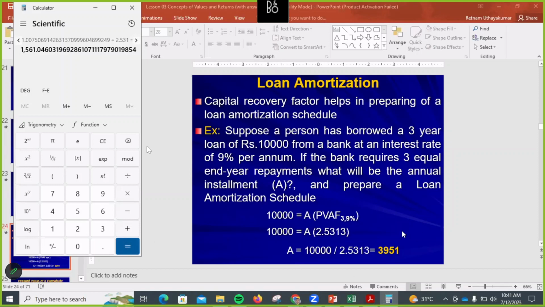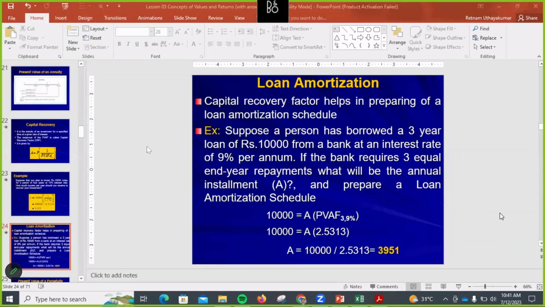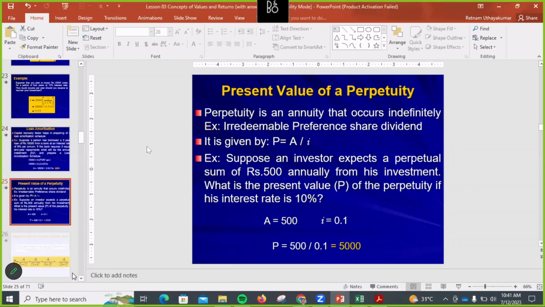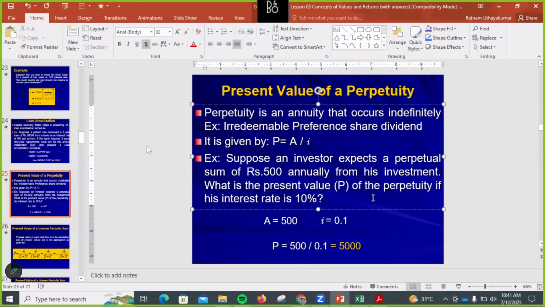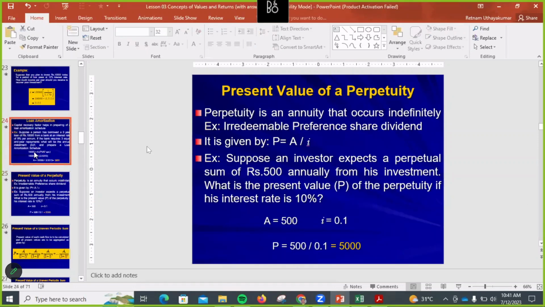But this installment includes interest, right? So you want to work in a tabular format, that kind of installment table.